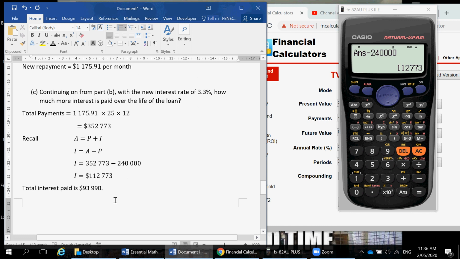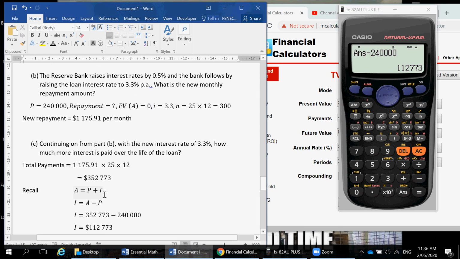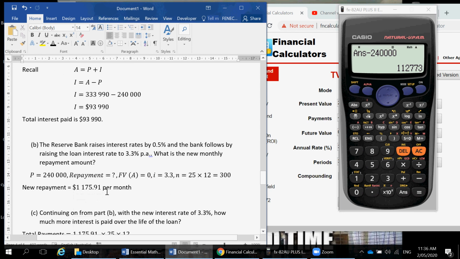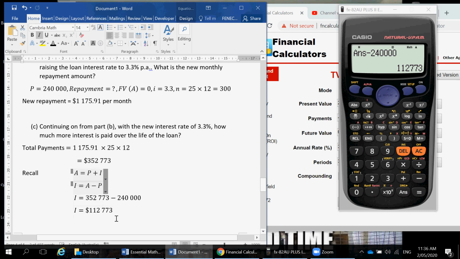So from there, we go, well, what did they originally pay? How about that? Previously, under the previous interest rate, they paid that, and now they're paying that. So the increase in interest is this amount.